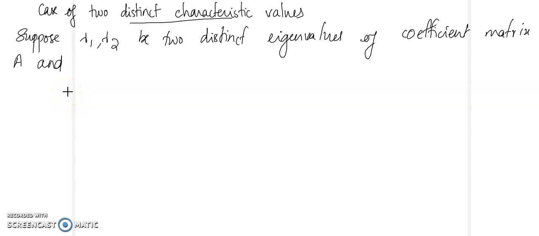We have seen the result in the previous class, and let me call the eigenvectors alpha 1 and alpha 2.